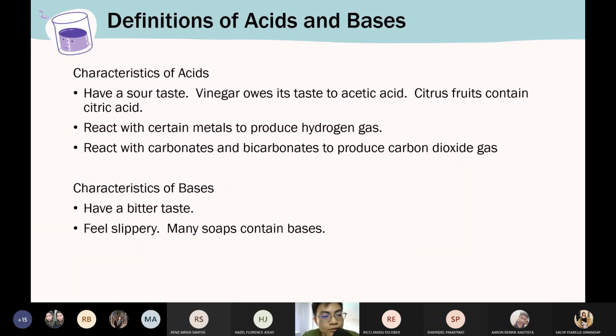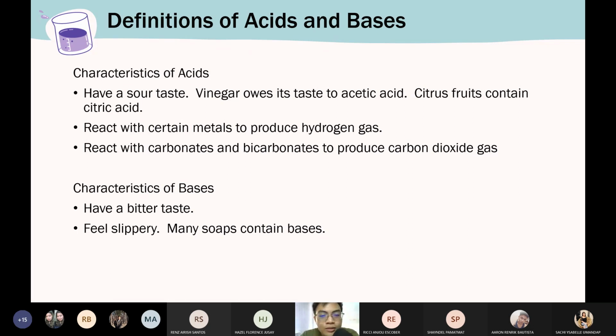Okay? So, one example is, kunwari, sa bahay ninyo, you add acid to your baking soda, okay, or baking powder. Pag nilagyan mo yun ng acid, ano nangyayari? Parang bumubula, right? Okay. So, pwede siya gawing parang volcano experiment. So, yan. The bubbles there are actually carbon dioxide gas. And yun yung role ng acid.